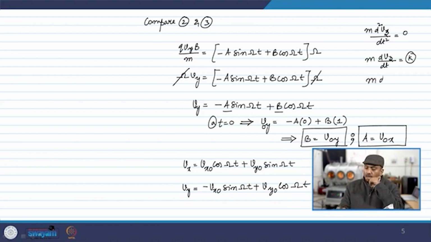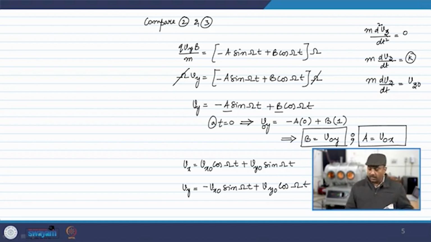Let us call that constant as the initial velocity along the z axis. We have more reason to call that as the initial velocity, because as per our understanding so far, the velocity along the z axis will be uninfluenced by the magnetic field, which means it will remain a constant of time.